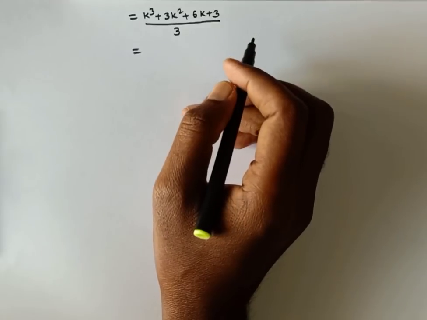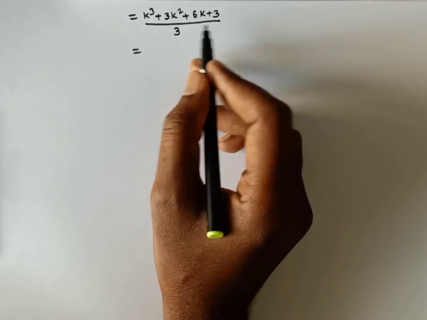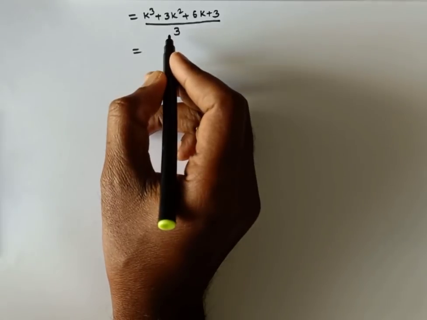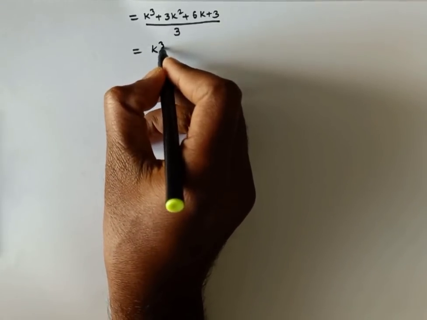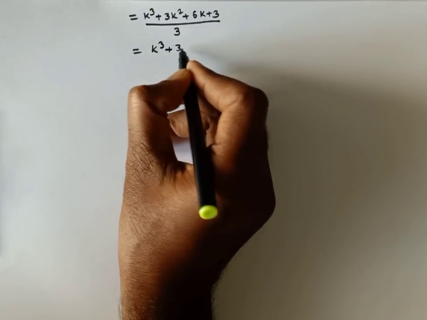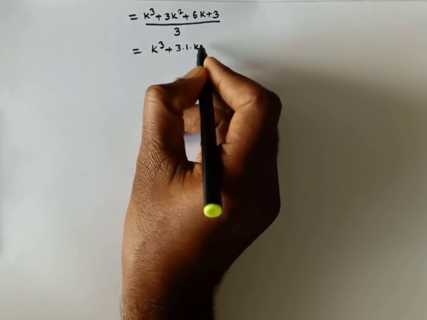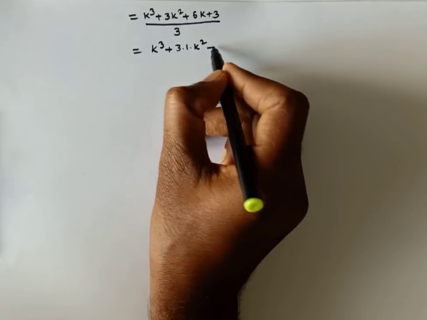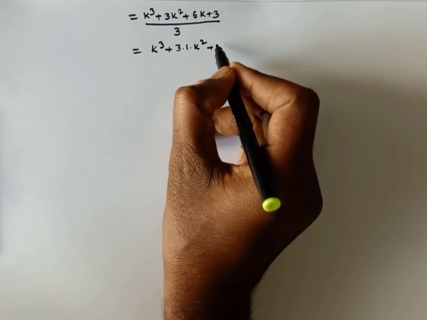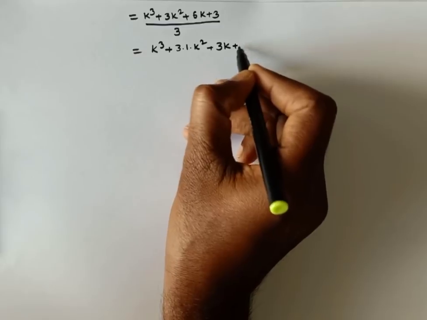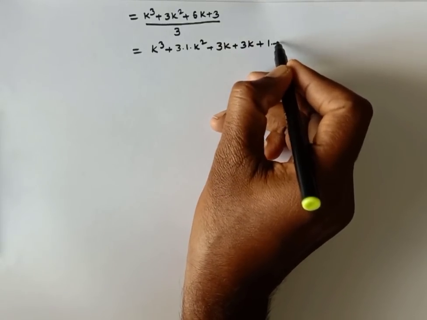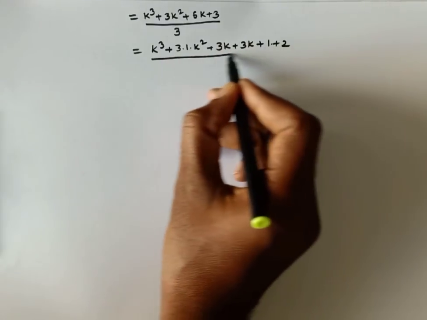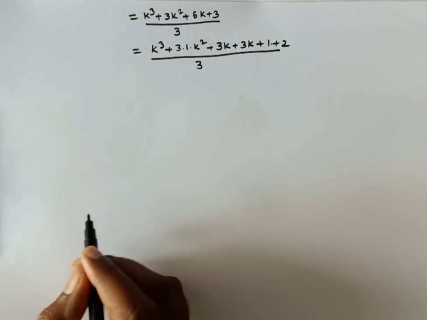And one more thing, 3a square b and 3b square a. So here I am writing this as k cube plus 3 into 1 into k square plus, so 6k can be written as 3k plus 3k, and 3 as 1 plus 2, divided by 3.